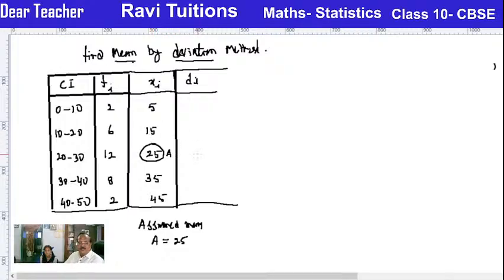The formula for deviation: di is equal to xi minus a, where a is the assumed mean, divided by h, the size of the class.